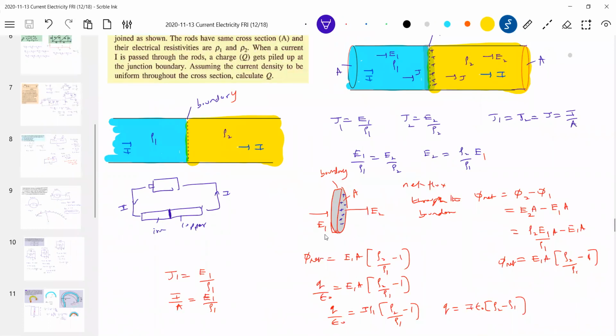Any reason? That charge is a static charge. When you switch off the equipment, what about that static charge? It has to flow, no? Even when you switch off the circuit, this current I will become zero. Then the static charges will flow to the earth. That is called transient currents.